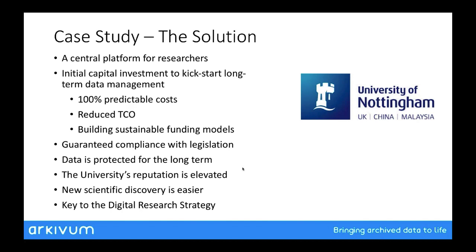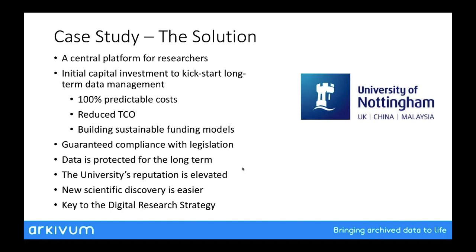The other thing, as you can see here, is that it does make sure that they're complying with all of the right legislation, and that it's protected for the correct amount of time. As we've seen, it's not easy to keep data for decades, and so if they're able to essentially outsource the management of that to an expert provider like Arkivum, then they know that they're complying from that point of view as well.